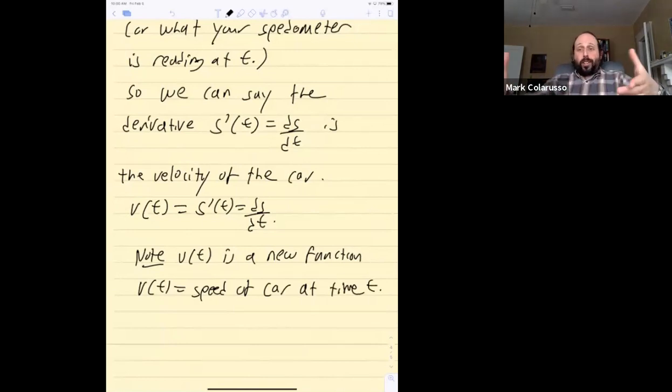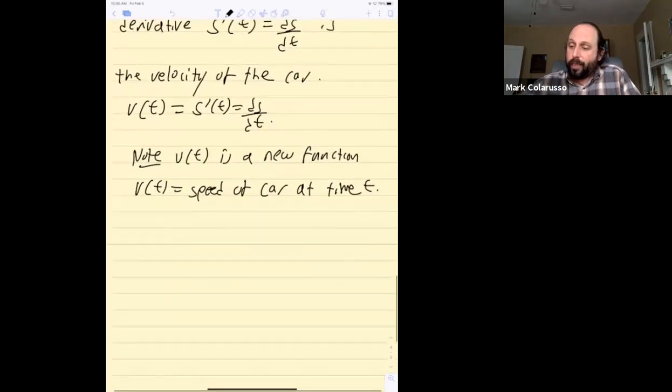Now, since we have a function, we can start again. We can take the velocity function and differentiate it, right? If we're doing the right thing, this should have some important meaning, and it does. So since v of t is a function, we can differentiate it.